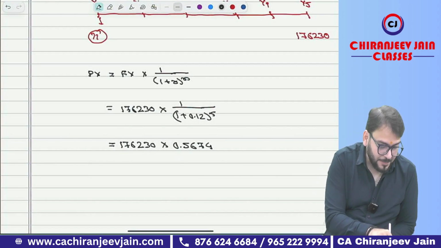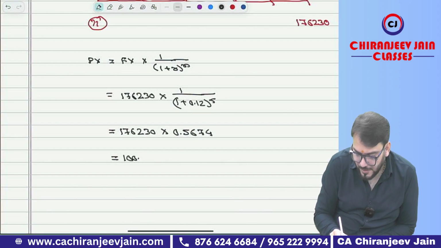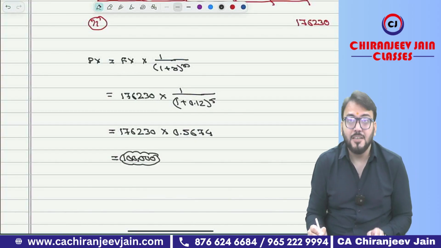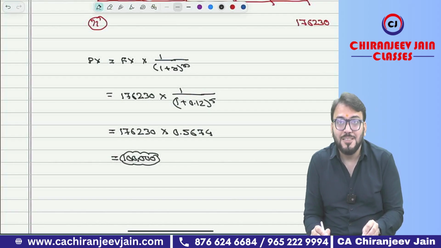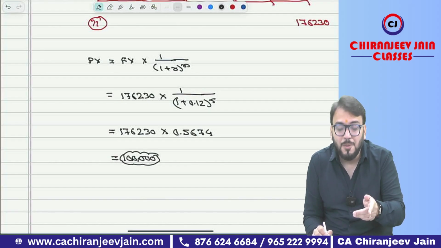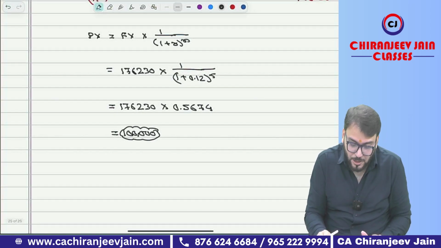Then multiply by 1,76,230. You can see it is coming approximately 1 lakh. Some rounding difference is coming because of approximation. Correct? It is coming 1 lakh. Means now we have converted future value into what? Present value. Same question. So you are able to understand? Got this, fine?